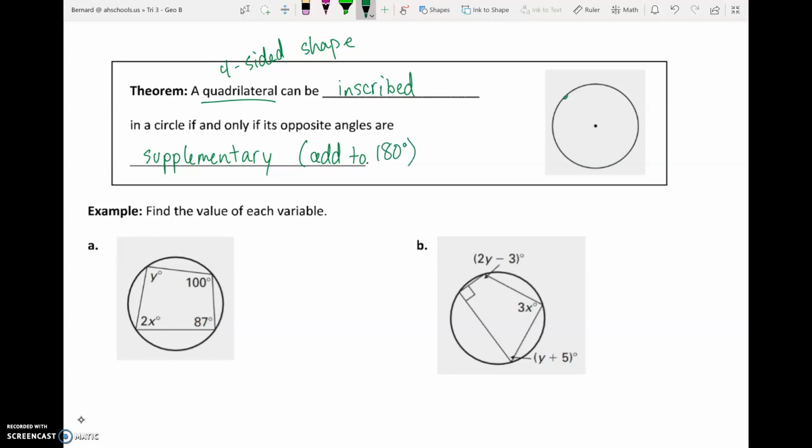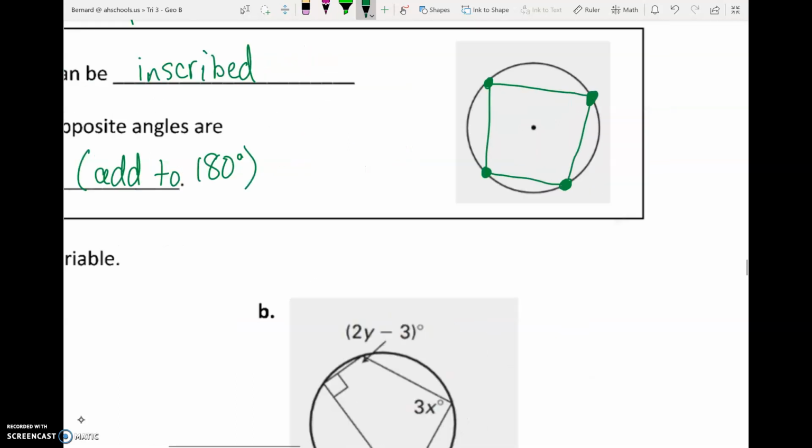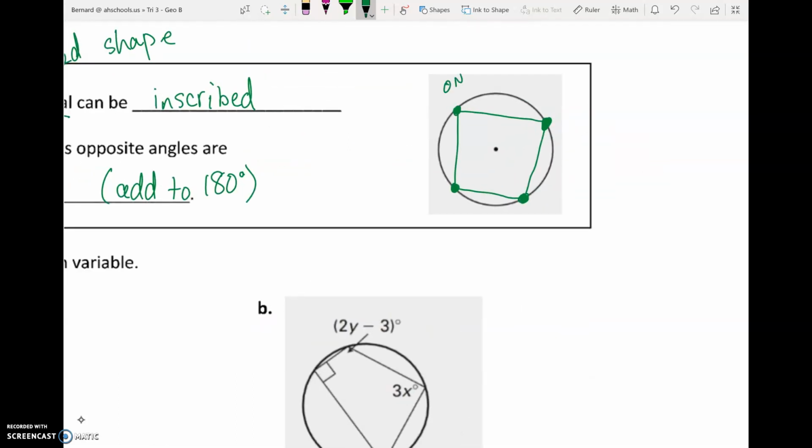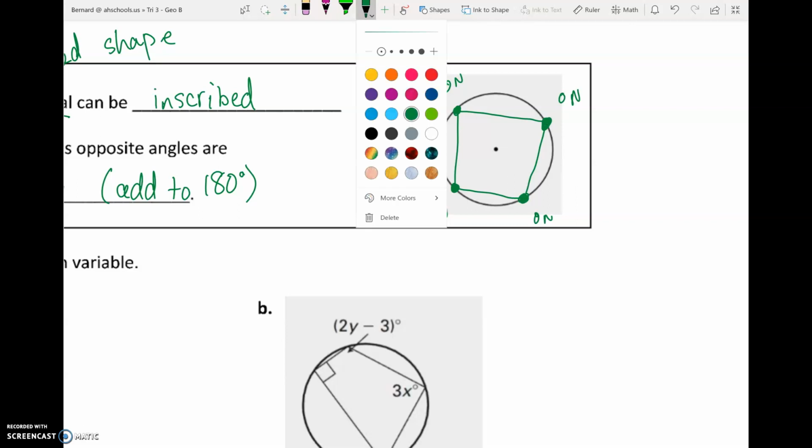And so if we draw a random four-sided shape in here, a random four-sided shape where every single angle or corner of this shape is on the edge of the circle, then this happens.